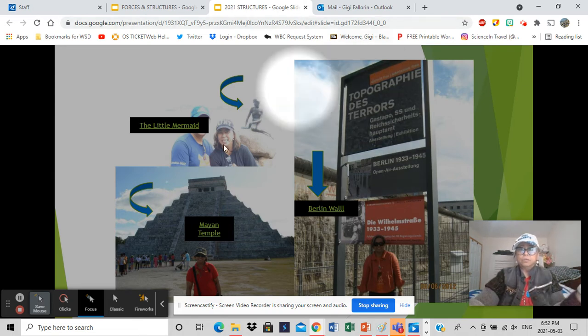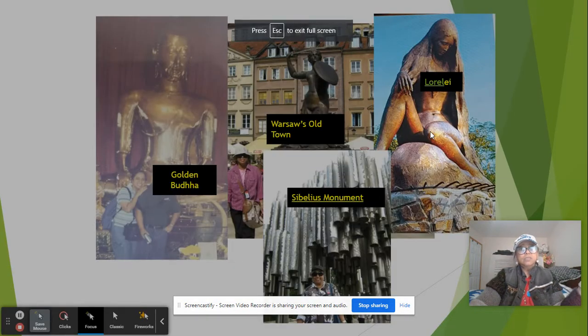Or even made of pure metals like gold, for instance. Let's see what we have here next. Yes, there's also the Golden Buddha in Thailand. Or if you are ever in the Warsaw Old Town Square in Poland, you get to see this mermaid-like warrior defending the city from any invaders.